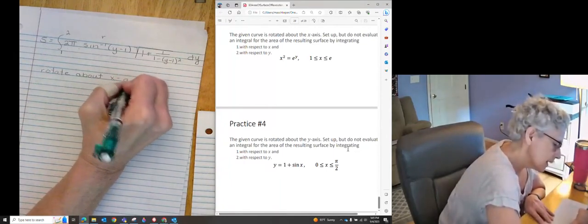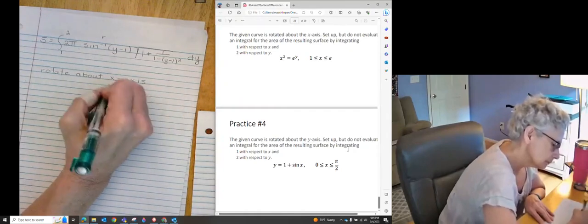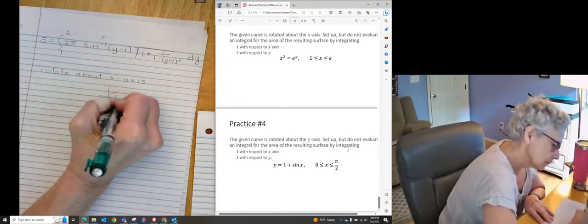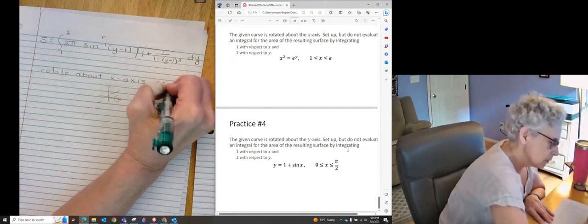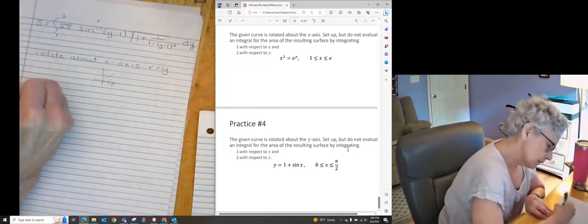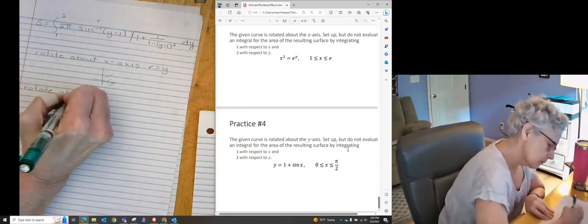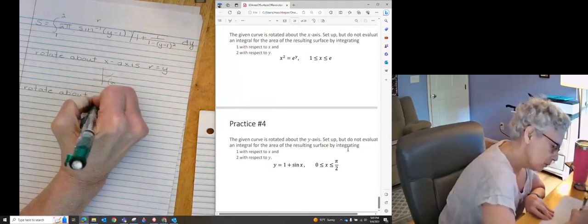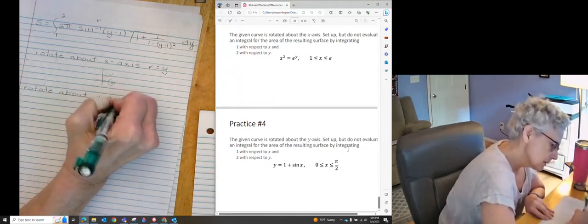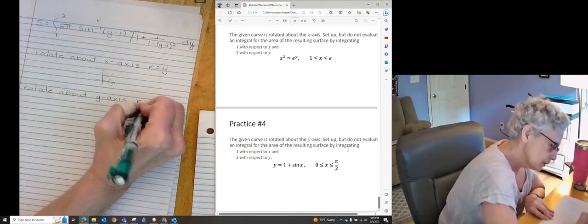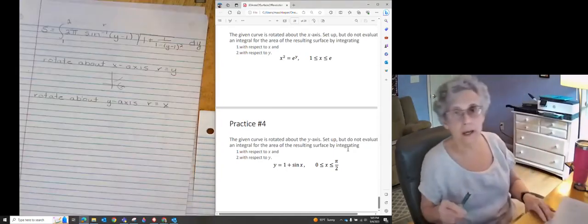Rotate about the x-axis. Radius is equal to y. If you rotate about the y-axis, then your radius is equal to x.